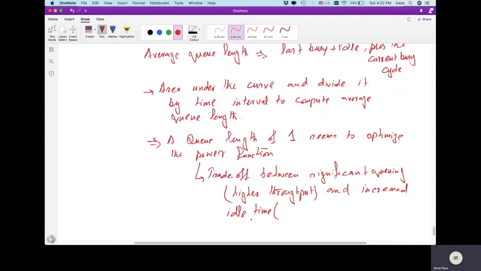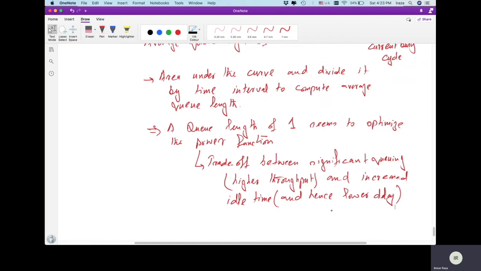And what do you mean by this idle time? It means lower delay. Okay, so a queue length of 1 means we are optimizing the power function, and it's a trade-off between significant queuing, which results in higher throughput, and increased idle time. This means lower delays, right?